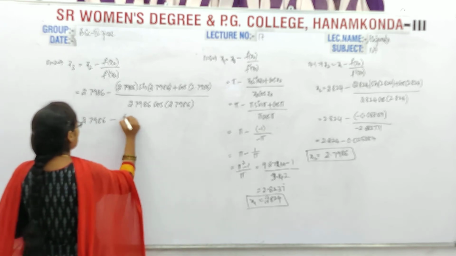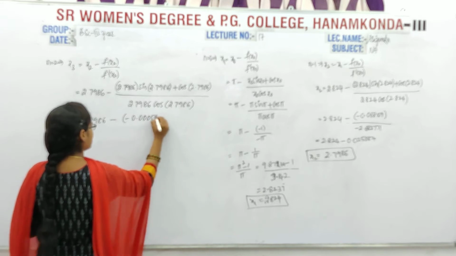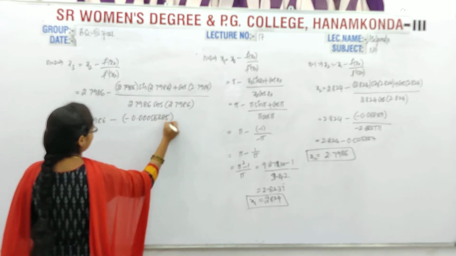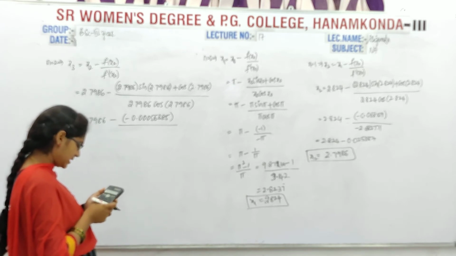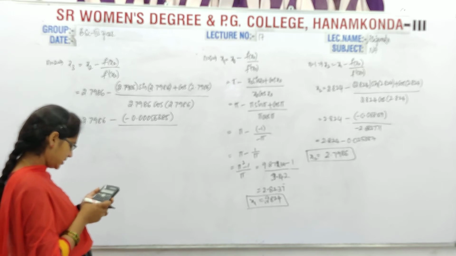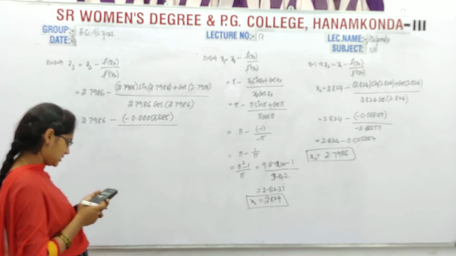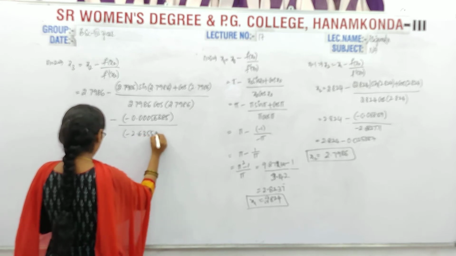Now it is minus 0.00056385 divided by 2.7986 cos 2.7986. Again it is minus 2.635588.